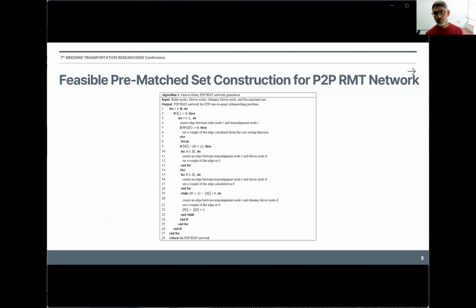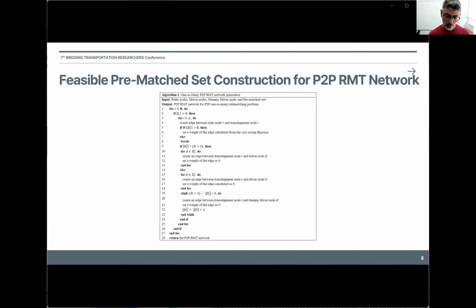The input to this algorithm includes the list of rider nodes and driver nodes and the list of pre-match sets, which are the sets of drivers feasible for each rider. The output will be the complete peer-to-peer ride matching network graph ready for the linear programming solver.